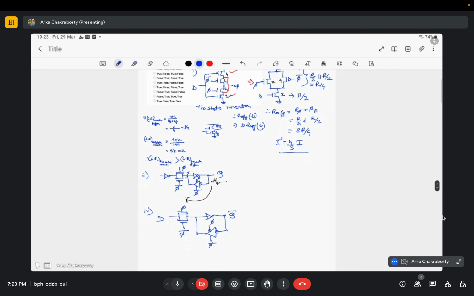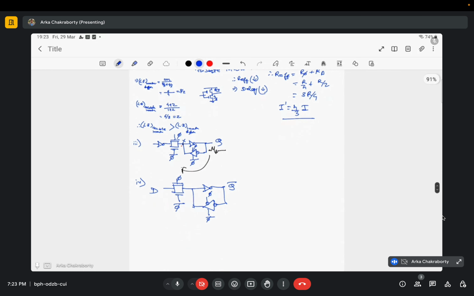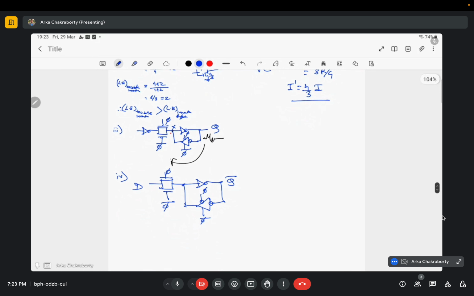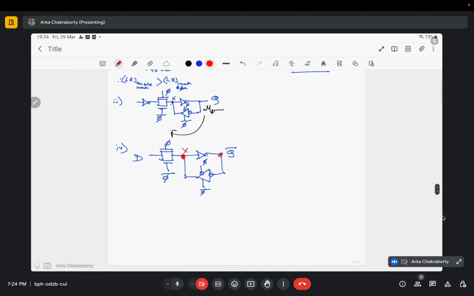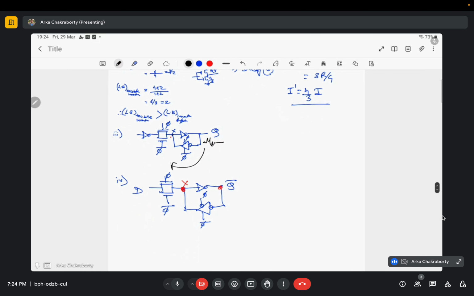Okay, fine. So output is static. Yes, output is static. Why? Because of the same reason that I have given here. Because it will keep on maintaining this node X, this output node Q bar, and this X should keep on maintaining this Q bar. So the output will be static, and if any noise is present in the input, you can see this noise will be passed and it will affect this node X, and hence the Q bar.